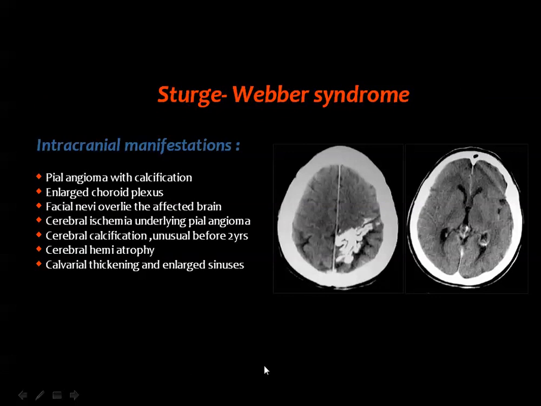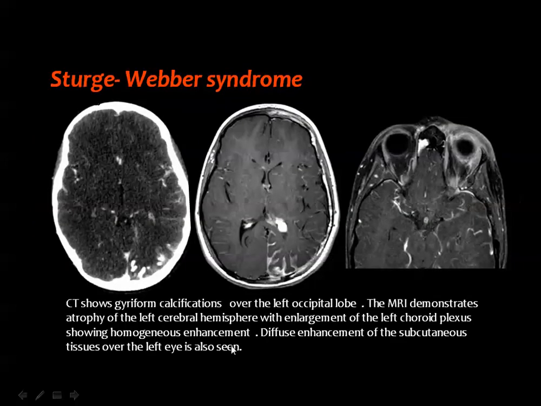And you can see a case of Sturge-Weber with cortical calcification, atrophic changes of the calcified area, and hypertrophy of the choroid plexus, which is ipsilateral to the site of the lesion.